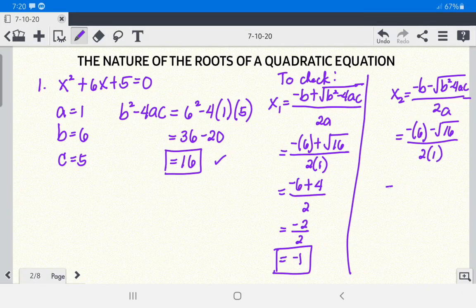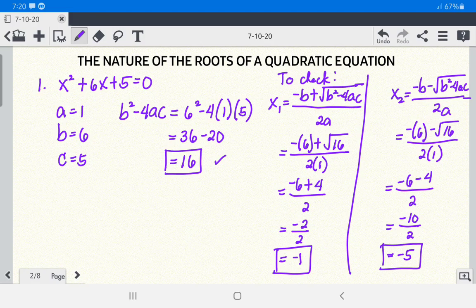Then negative 6 minus square root of 16, which is 4, over 2. Negative 6 minus 4 is negative 10, over 2, so we have negative 5. As you can see, they are rational numbers and not equal.